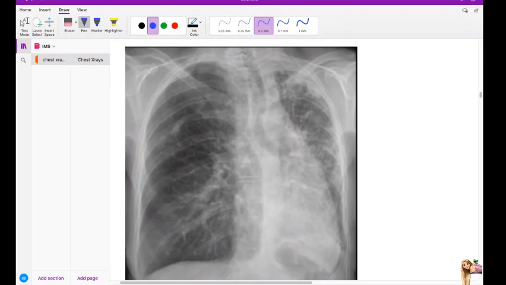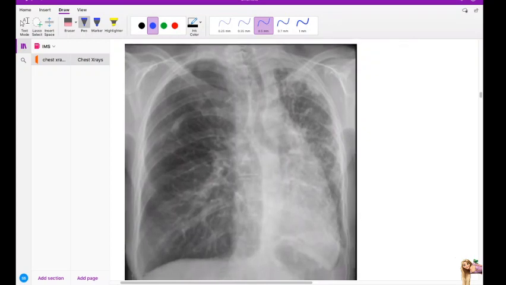Okay, so now what is this? What do you think is this X-ray? Lymphoma. Okay, lymphoma can also shift, right? Yeah, goiter as well.